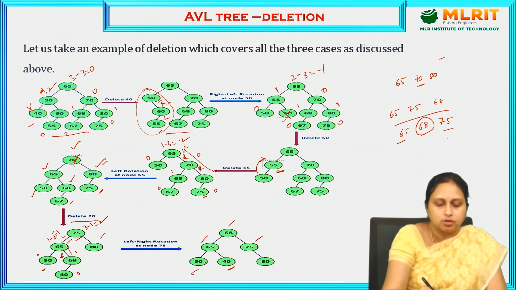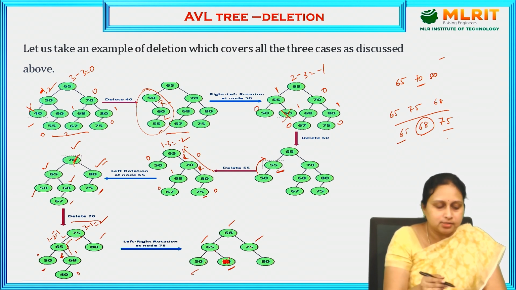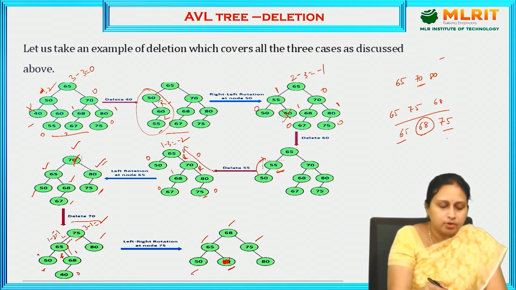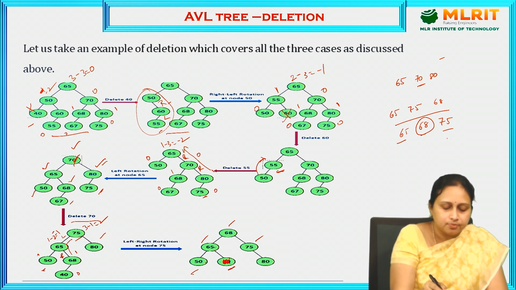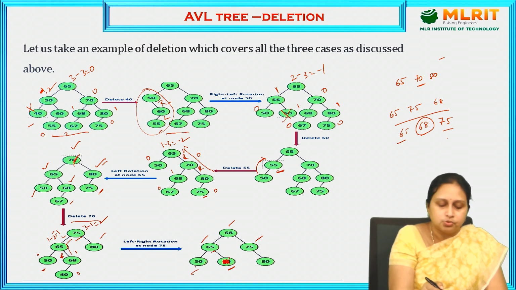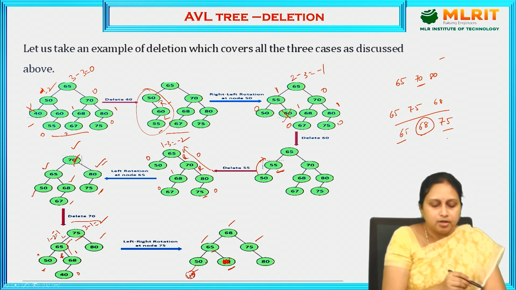But this is not correct. When I place 40 as the left child of 68, on the left side we have 65, so we are unable to place it. But 40 is smaller than 50, so we need to place it here. 40 is less than 50, so we place it as the left child.